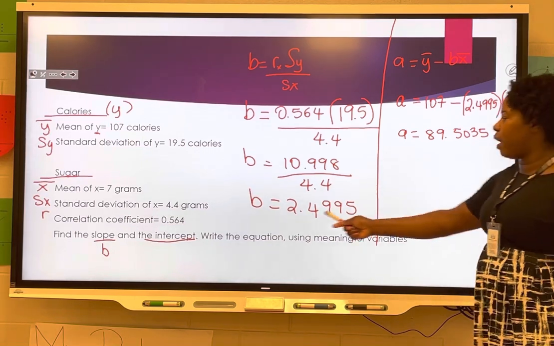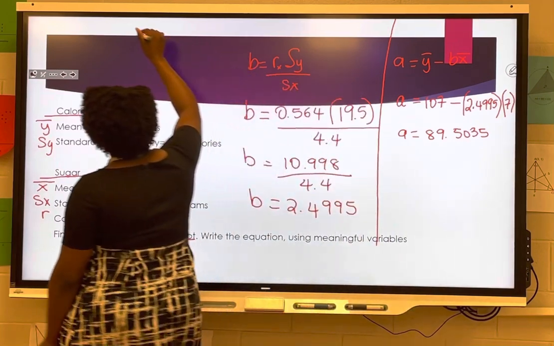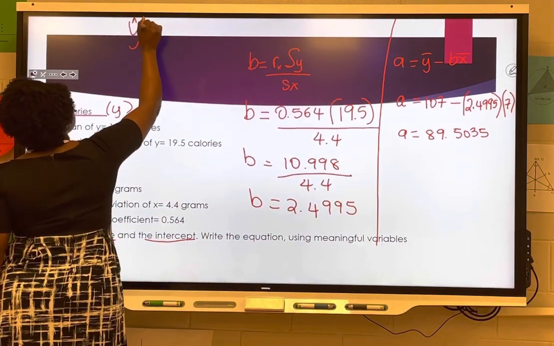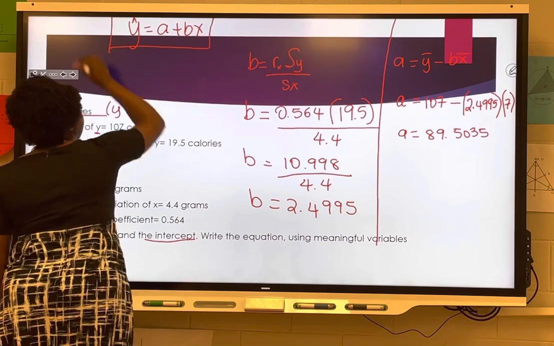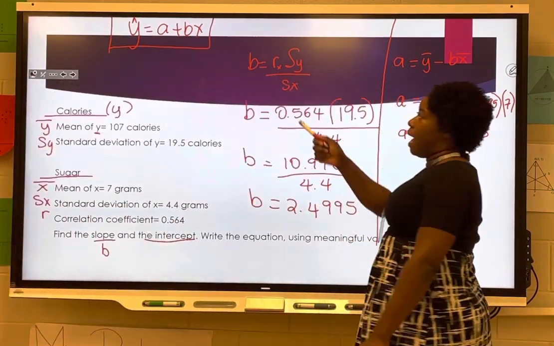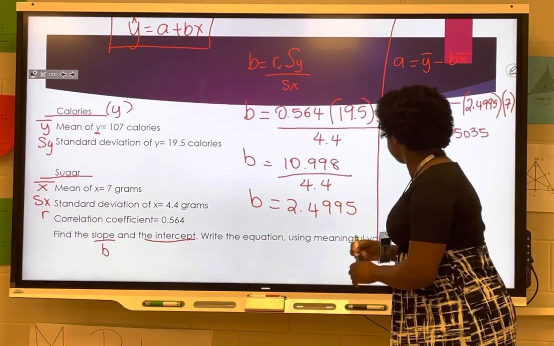I now need to write my equation of the line in the form y hat is equal to a plus bx. I need to know what is a, I need to know what is b, and I'm going to put it into the formula. So let's see if I can change my color.